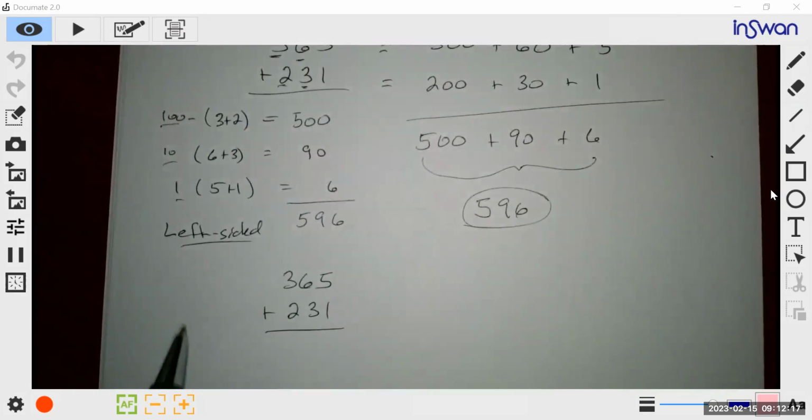Or I can start with the right-hand side. The ones, 5 plus 1 equals 6. The tens, I have 6 plus 3 is 9, so it's 90. Hundreds, I have 3 plus 2 is 5, times 100 is 500.